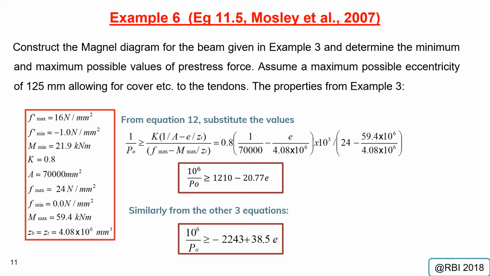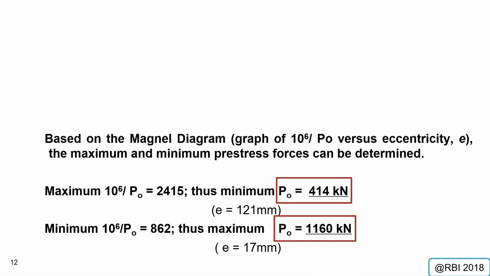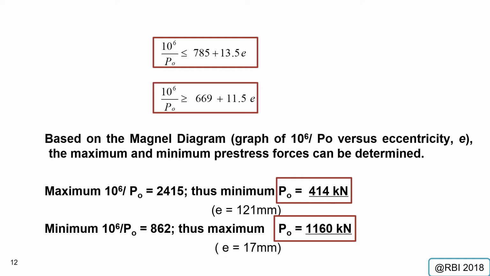Then you calculate the same way, considering all the parameters, plus, minus, and so on, for the other three equations, which are equation 13, 14, and 15. You see equation 14 and 15 have been calculated and put here. So please recalculate these equations and make sure that you get the same values as in this example. Later on we will see one by one how to construct the Magnel diagram.